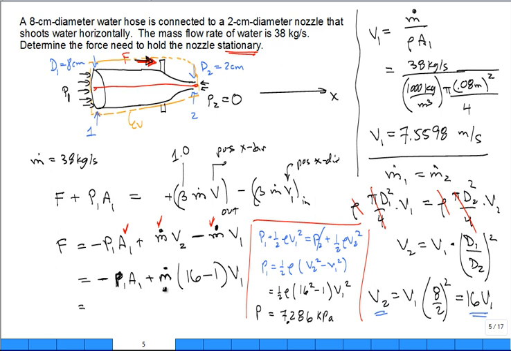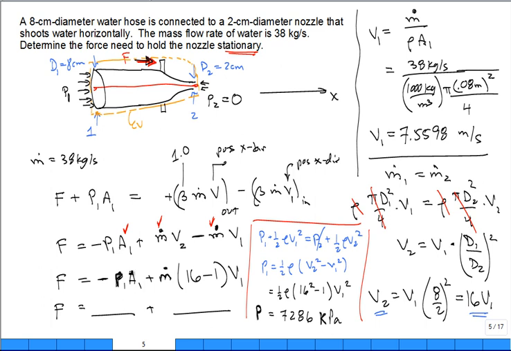calculate this effective force. So we want to sum up. I want to know what this is plus that for the force. Can you do that for me? All right, so we calculate that pressure to be 7.286 kilopascal, true? Now we multiply by the area, which is pi d squared over 4.